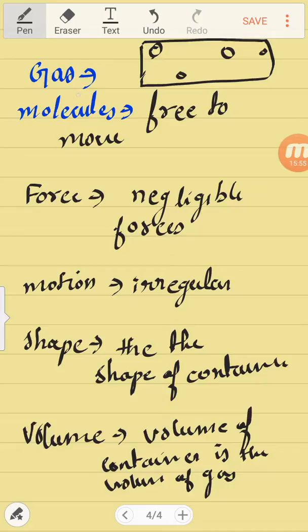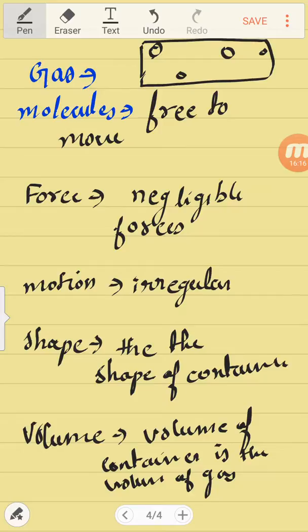Okay, fine. Again, I'm repeating, the gas molecules are free to move. Like I told you, when you spray a perfume in this room, how can you smell it from another room? Because the molecules move so fast.